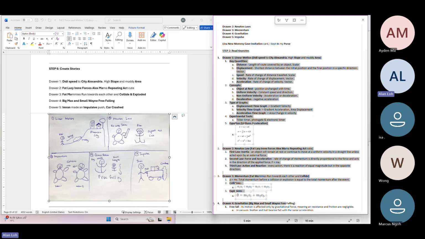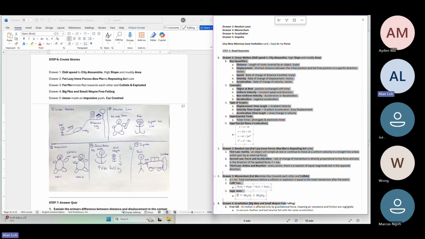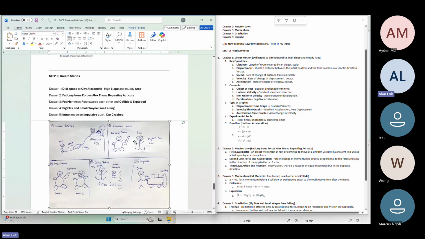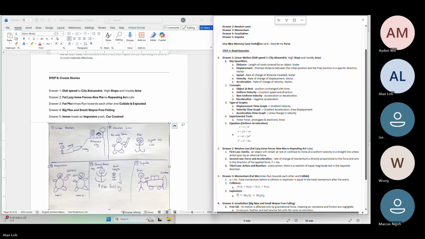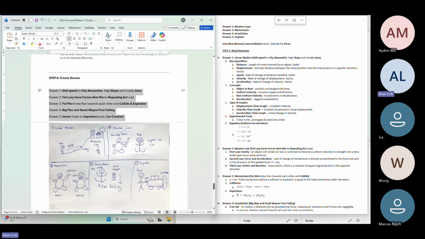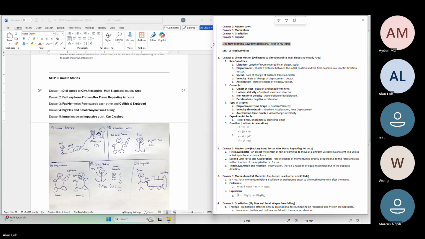Or is it easier to remember these 13 pictures where you have already drawn this like 20 times before you go for your exam, right? So that's the reason why this picture is important. And that's the reason why this story is important. Because once you are able to draw this picture, for sure you'll be able to remember this story. And with that, you'll be able to remember the content, right?